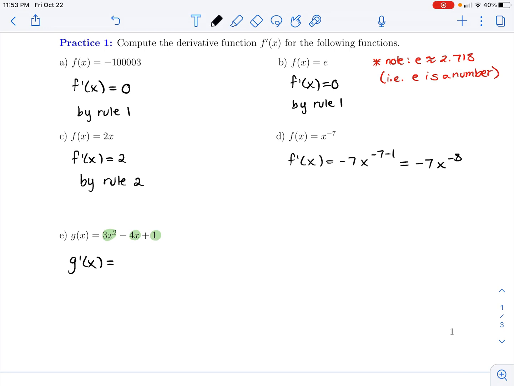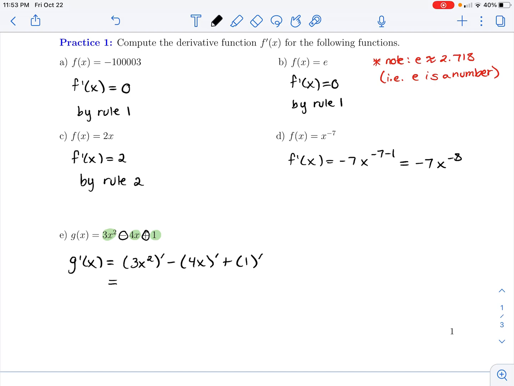By rules 5 and 6, this is the derivative of the first function minus the derivative of the second function plus the derivative of the third. Notice how I just copied these minus and pluses. So you just copy those signs and take the derivative of each piece.